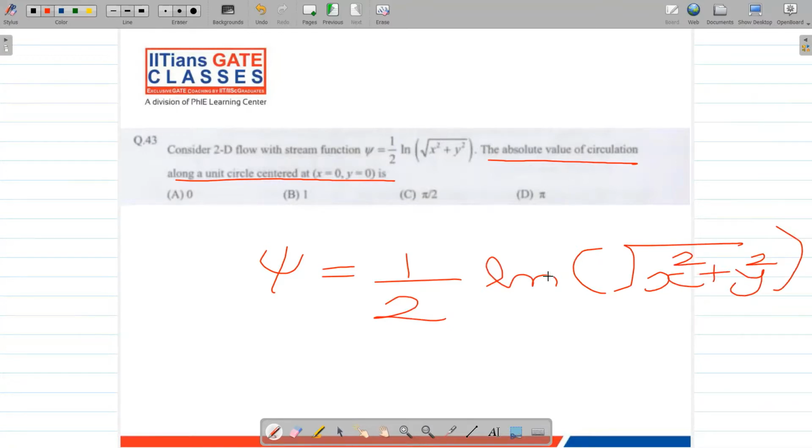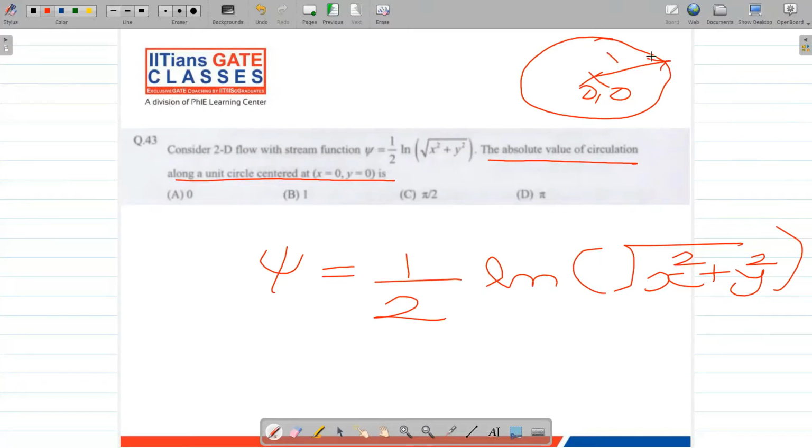All right. And now they're asking us to calculate the circulation around a circle which has a center at 0, 0 and has a radius of unity.